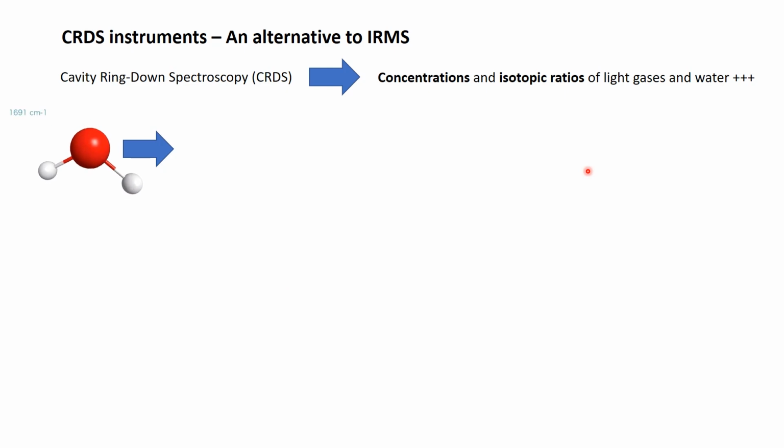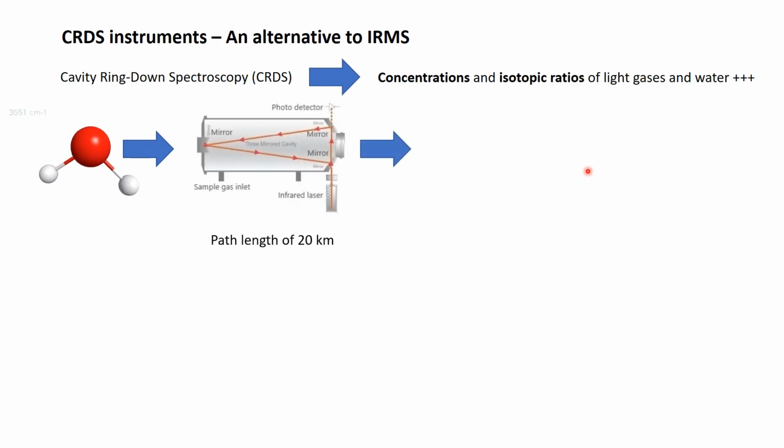The last thing I want to mention is an alternative technique for analyzing ratios of stable isotopes. Instead of using big and complex mass spectrometers, we can use lasers in a technique called cavity ring-down spectroscopy. These instruments utilize the fact that the vibration of molecules will be different for heavier isotopes.